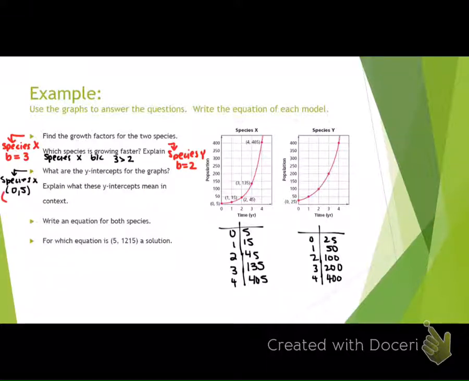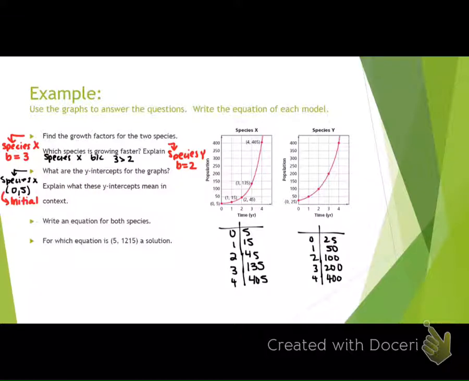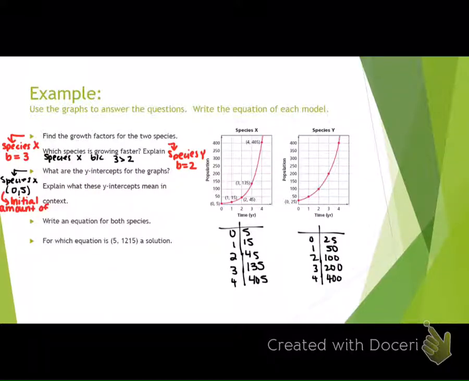It means that when the time was 0, there were 5 of species X. So it's the initial amount of species X, which is 5. Remember, whenever time is 0, it's the initial amount.